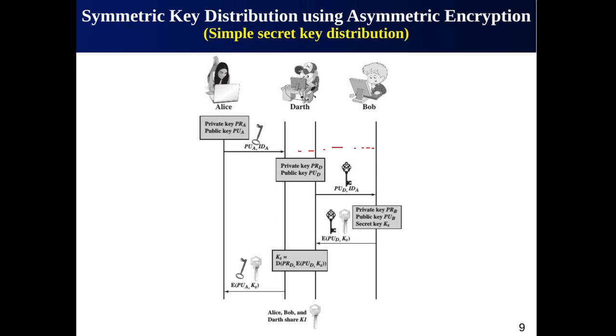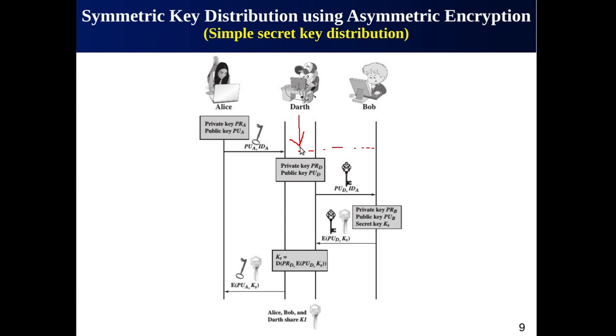But what happened? D can actually intercept the message, and after that D will create its own public-private key pair, public key of D and private key of D, represented by PU of D and PR of D. PU for public key, PR for private key.